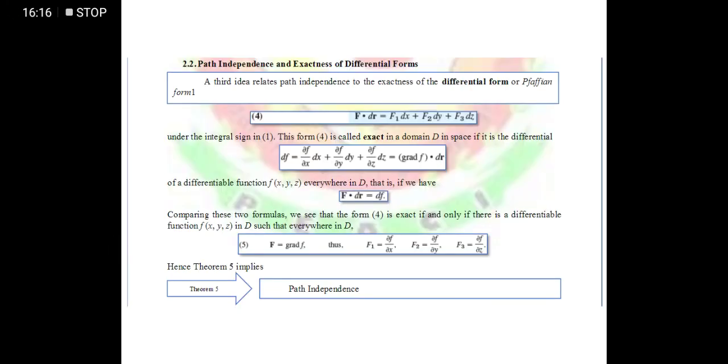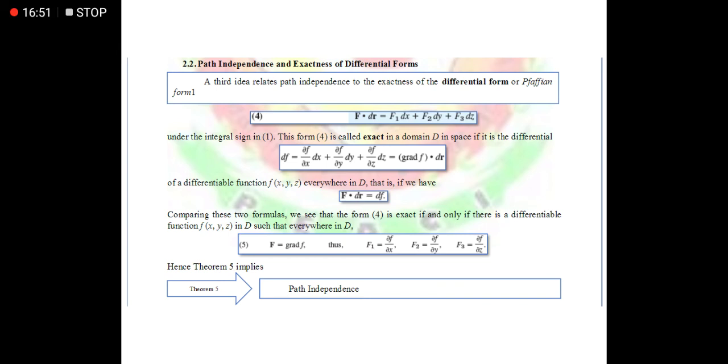So, we have here path independence and exactness of differential form. It is the same as the gradients earlier. Your function F equals F1, F2, and F3, and its integration with respect to some path r is F dot dr, which is F1 dx plus F2 dy plus F3 dz.